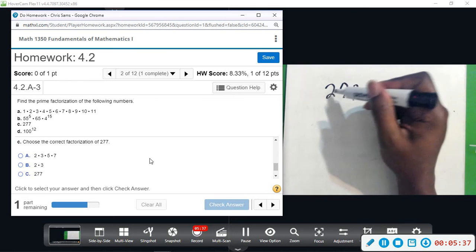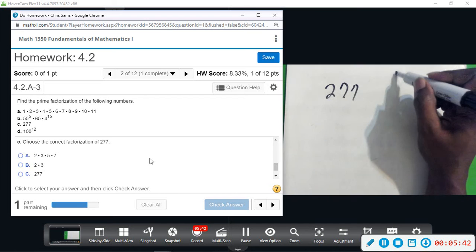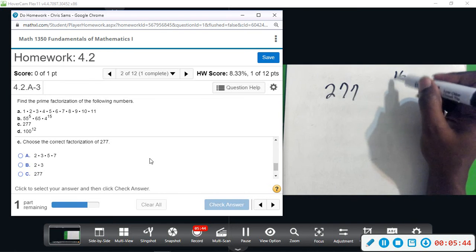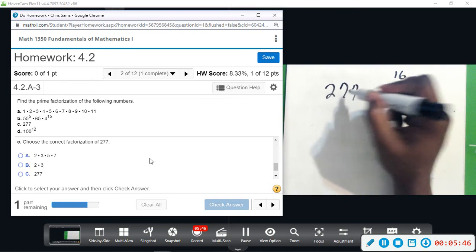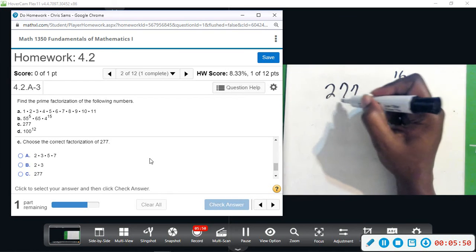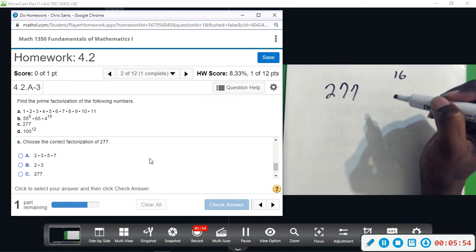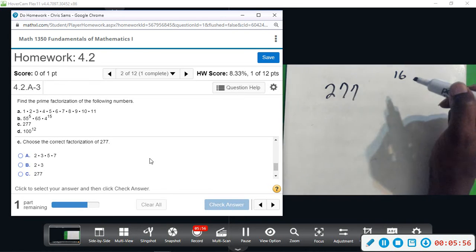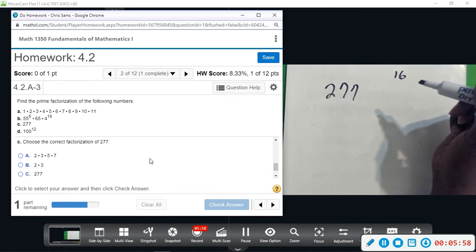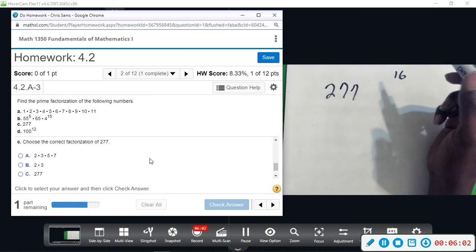If we add up these digits, 7 and 7 is 14, 15, 16. So I'll look at that number. If it's divisible by 3, this number is divisible by 3. It's not. Divisible by 4 if the last two digits are divisible by 4, and these are not. Divisible by 6 if it's divisible by 2 and 3, and it's not. I skipped 5 because it has to end in a 5 or 0.